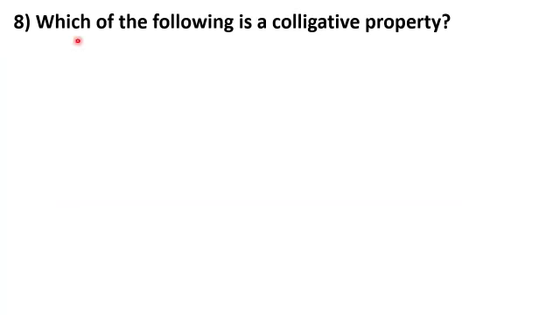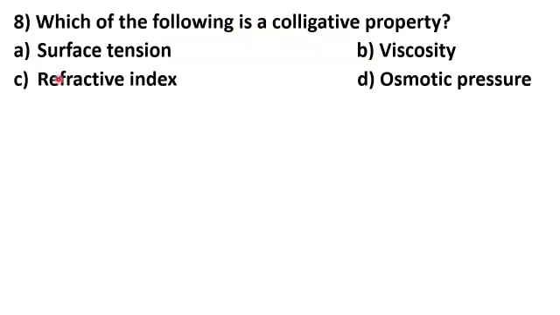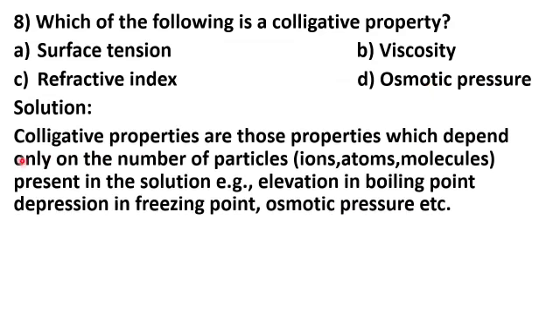Question number 8. Which of the following is a colligative property? Option A, surface tension. Option B, viscosity. Option C, refractive index. Option D, osmotic pressure. Colligative properties are those properties which depend only on the number of particles. Those may be ions, atoms or molecules present in the solution.